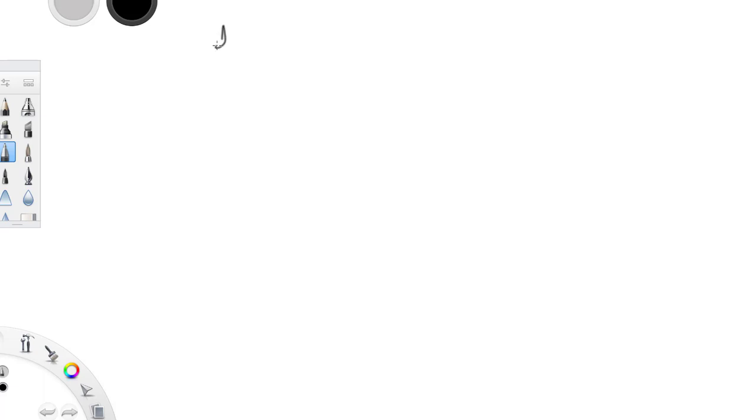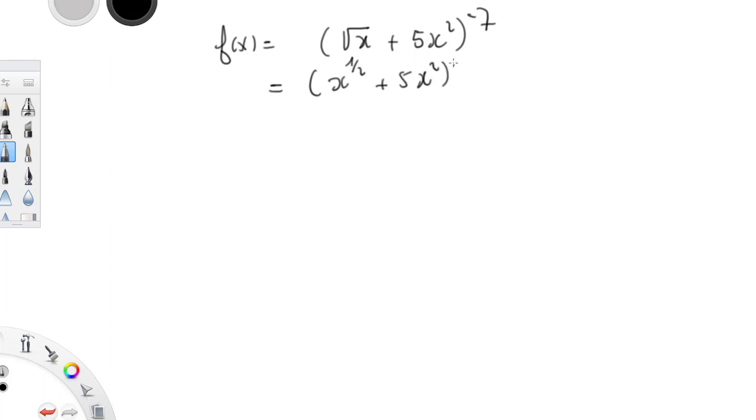Let's say we have f of x equal to the square root of x plus 5x squared, all to the power of negative 7. As you know, here we can write the expression again by transforming the square root of x into x to the power of 1 over 2, plus 5x squared, to the power of negative 7.